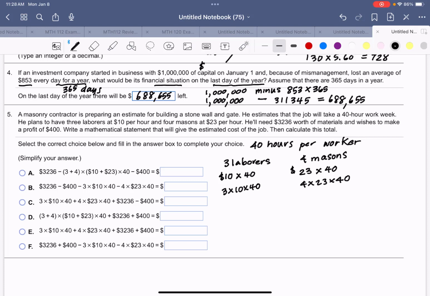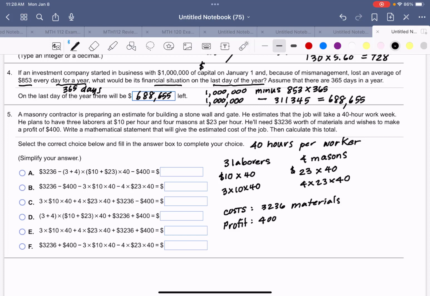Now we've got other things we have to consider. He's also going to have costs, in addition to that, of $32.36 for materials, and he wants to make a profit of $400. So how much is it going to cost overall?